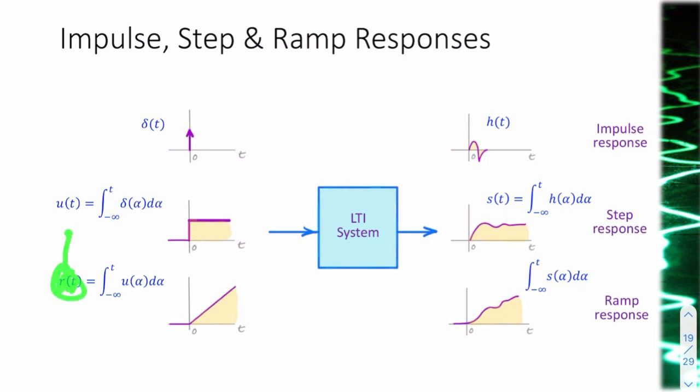A ramp is the integral of a unit step, and the ramp response is the integral of the step response. So that's handy to know. In the same way, if this is the integral of that, then this is the derivative of that. And similarly, this is the derivative of that, and this is the derivative of that.